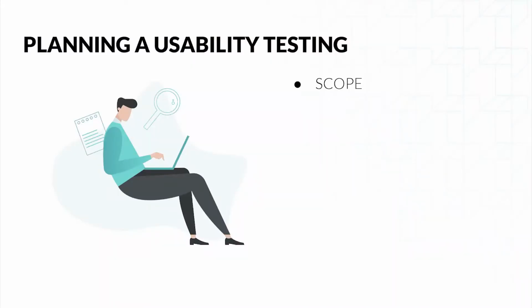Well, there are a couple of elements that we have to figure out while planning a usability test. So let's start with the one which is the scope, which is quite obvious. So basically, what to test. So what will we be testing, right? First of all, to figure out what we want to test in terms of the product itself.